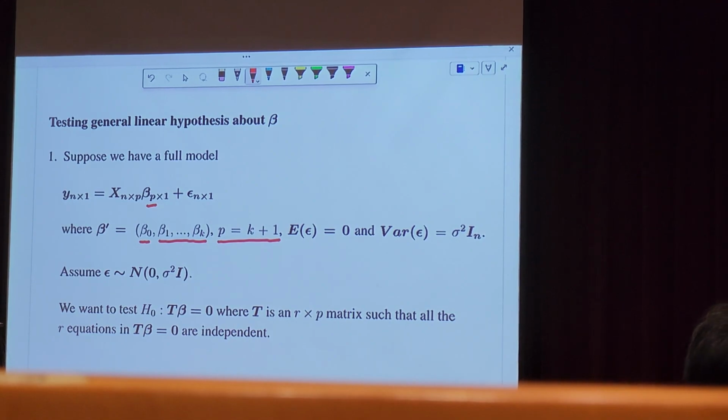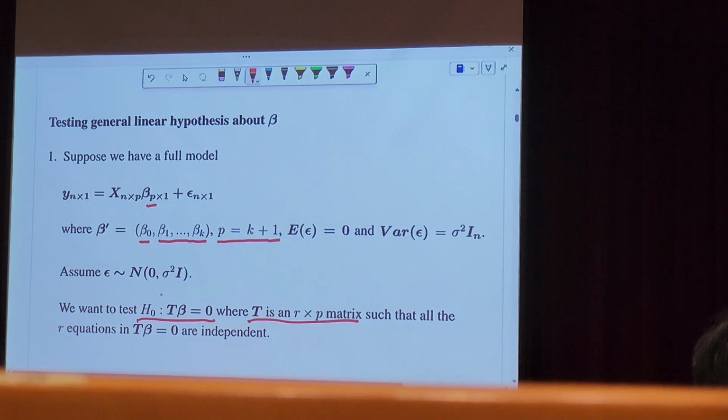Okay, so what do we want to test? We want to test some linear combinations of beta. So let's just say T is an R by P matrix.